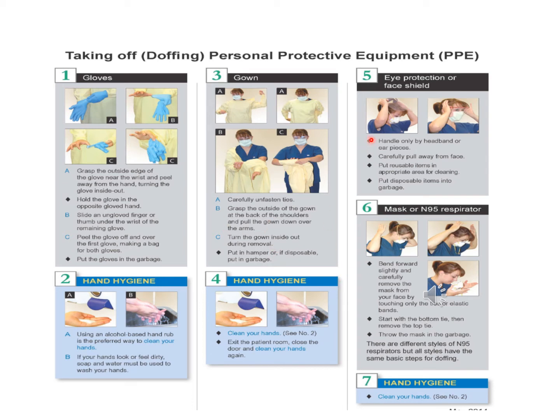And then just remove your eye protection shield, untie it from the back side and remove it, and then at last remove your N95 respirator, or the mask if you are wearing one. Bend a little forward and remove it from the back by the strip, then hold the N95 respirator or the mask and remove it.